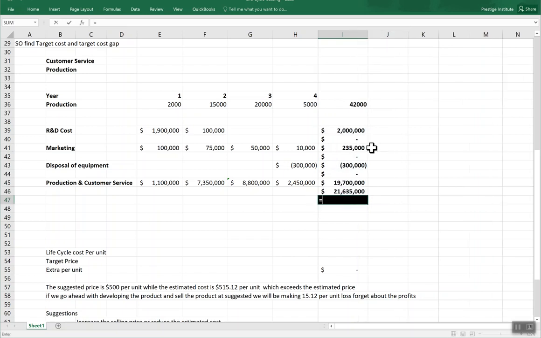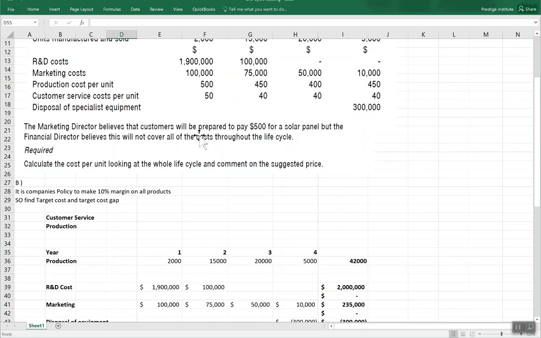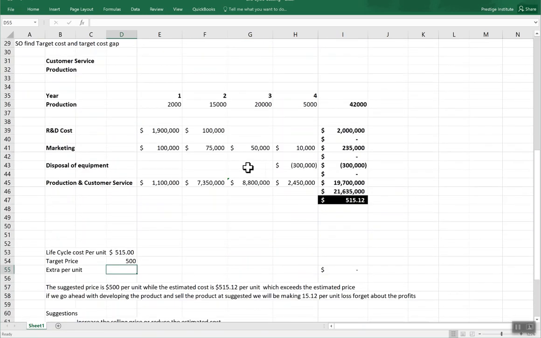And then dividing it by total number of units over entire life, we have 515 life cycle cost. So life cycle cost is 515, and the target price that the marketing director said is 500. If we follow that, we have 15 extra cost.